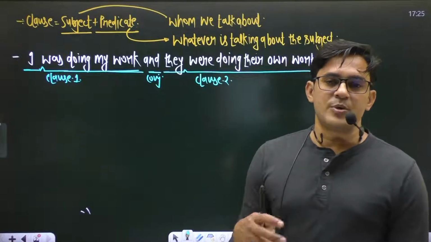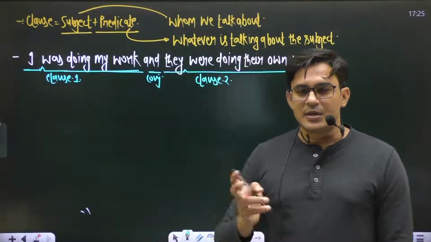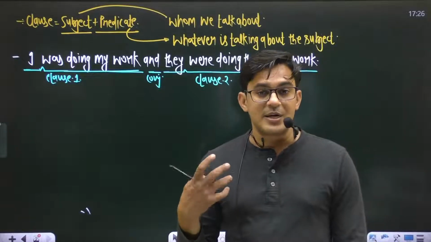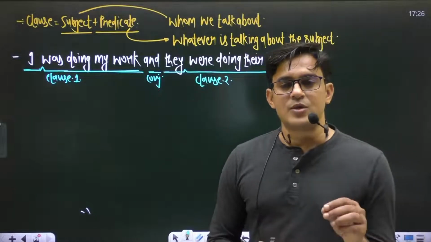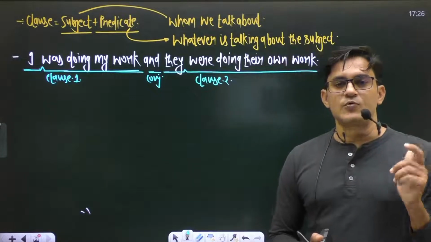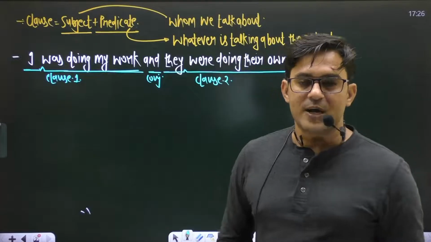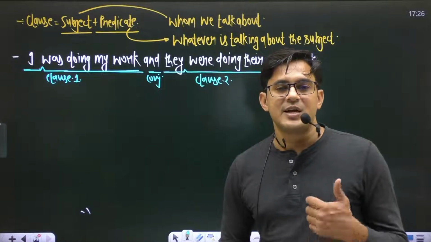So this is the way conjunction connects more than one clause. These clauses can be 20, 200, or 2000. Their number can be anything, but it must be more than one. So by this method, conjunction connects not only words and phrases, but also clauses. And I said a clause is a connection of subject and predicate.